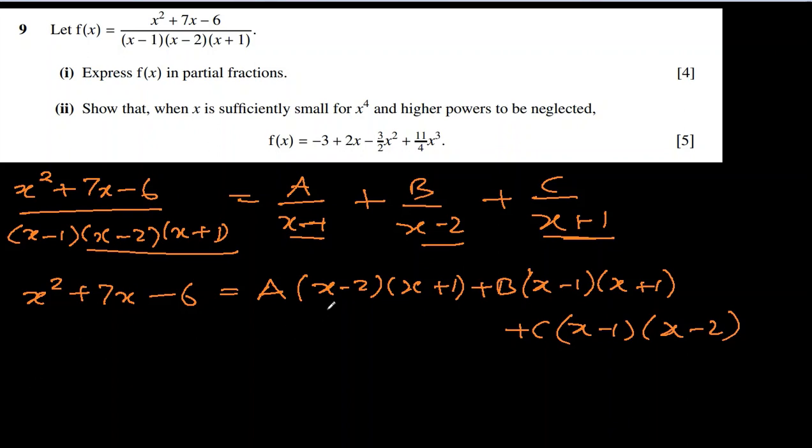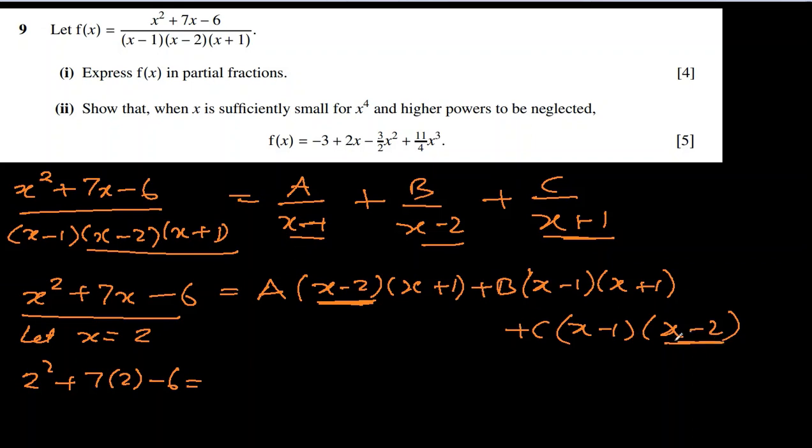To evaluate a, b, and c, we should first try to make one of the brackets equal to 0. Let's make this equal to 0. So let x equal to 2 so that this becomes 0. So what does left side become? 2 square plus 7 times 2 minus 6 equal to, 2 minus 2 will be 0, so whole of this will be 0, so I'm not looking at it. 2 minus 2 will also be 0, so I'm not looking at c, only b will be left. 2 minus 1, 2 plus 1.